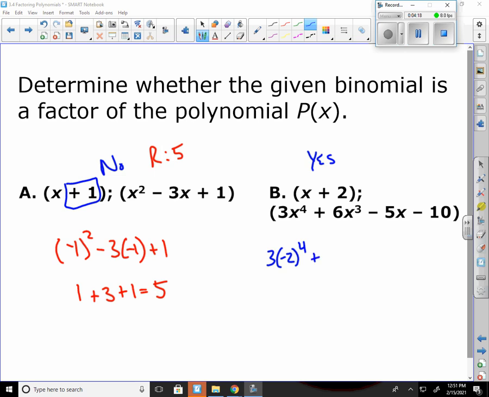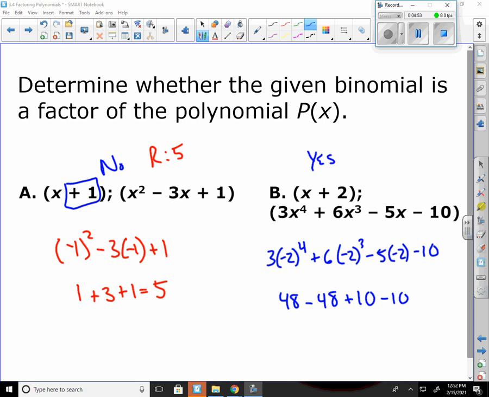3 times -2 to the 4th plus 6 times -2 to the 3rd minus 5 times -2 minus 10. -2 to the 4th is 16 positive times 3 is 48. -2 to the 3rd gives me -8. -8 times 6 is -48. -5 times -2 is a +10.